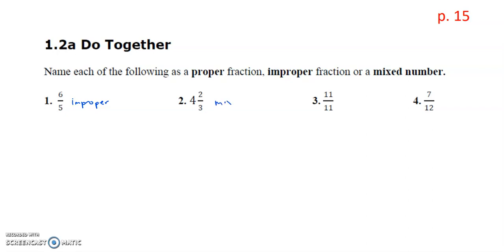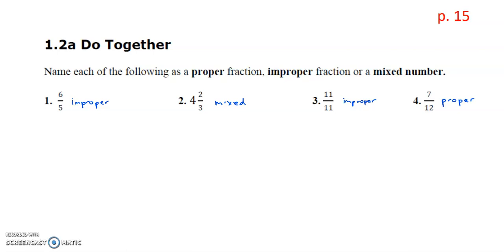This is a mixed number. Number 3, 11/11, remember that improper fractions can have equal numerator and denominator, so this is improper. And number 4, 7/12, our numerator is less than our denominator, so this is a proper fraction.